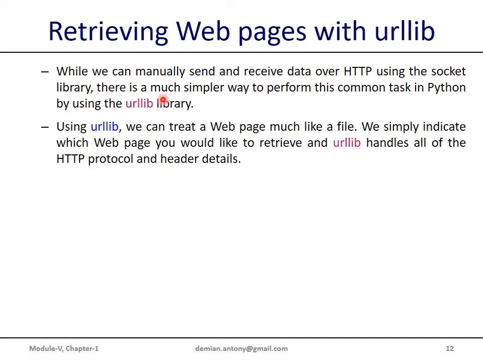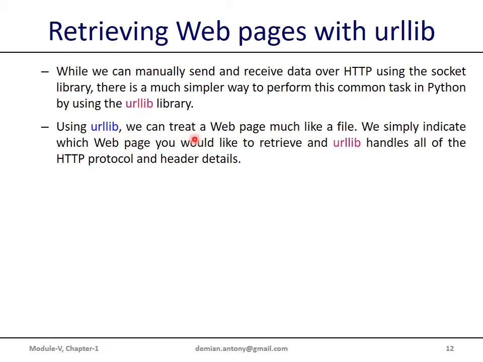Python has a special library with which we can reduce the length of the code, and we don't have to worry about the network-related terminology and the low-level methods to access the resource. This special library is called urllib.